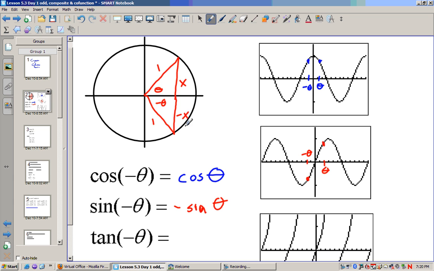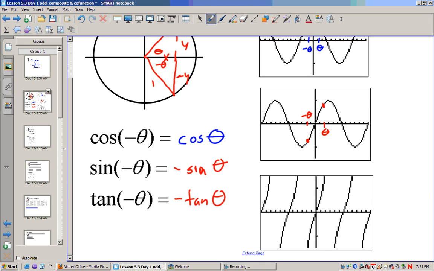Now with tangents, it would have been smarter to call this y and negative y, and call that x. Tangent would be y over x, and the tangent of negative theta would be negative y over x. So this would be equal to the negative tangent of theta.